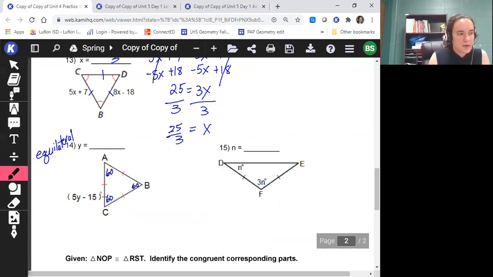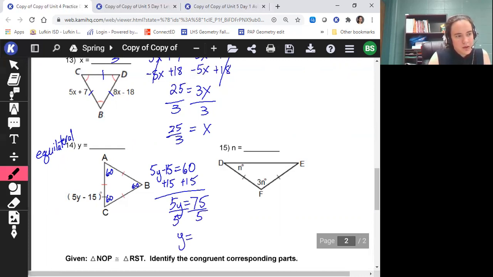And since each one of those angles is 60 degrees, we can set 5y minus 15 equal to 60 and solve for y. So we're going to add 15. Gets us 5y equals 75. Divide by 5 on both sides. So y equals 17.